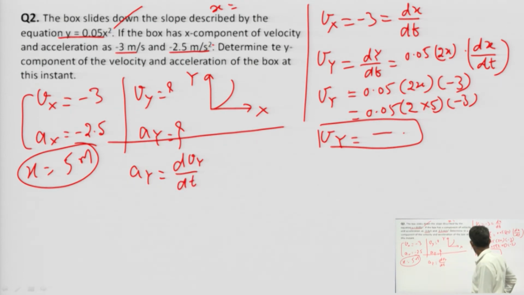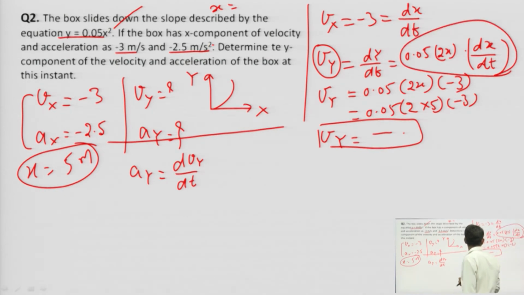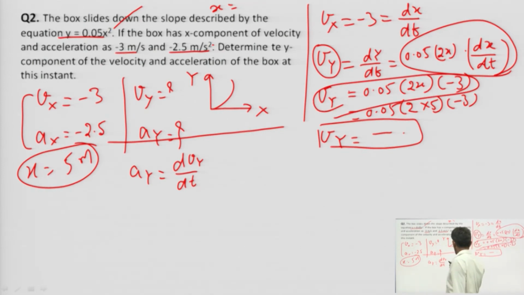Okay, so put this value. It is how much? 0.05 into minus 3 into 2. So this is the ay component.